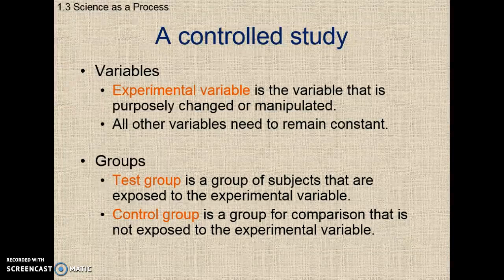Then you have groups. You can have the test group, which is the group of subjects that are exposed to the experimental variable. And then you have your control group, a group for comparison that is not exposed to the experimental variable.